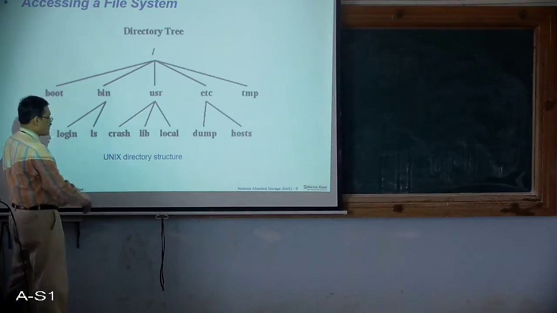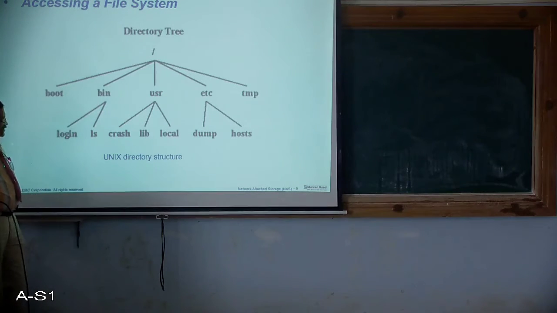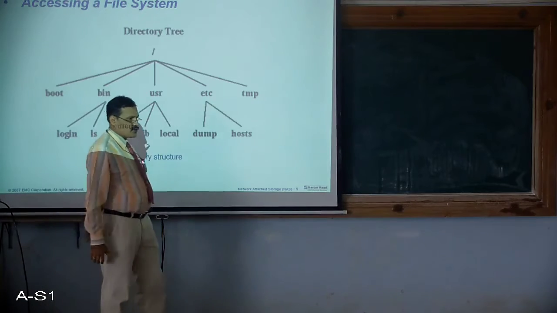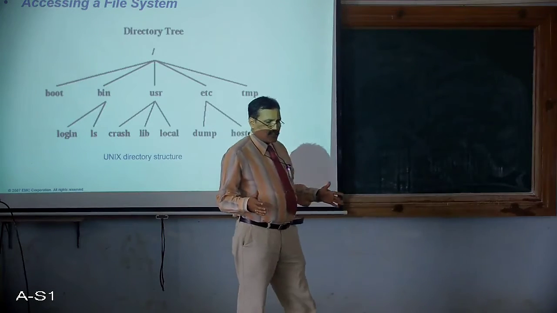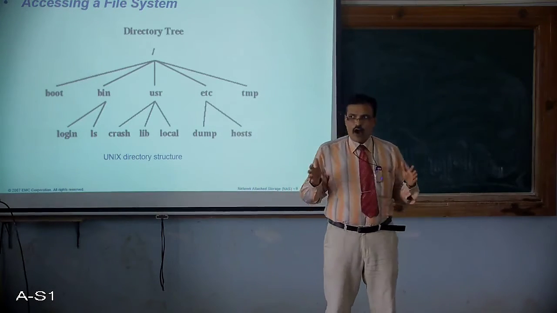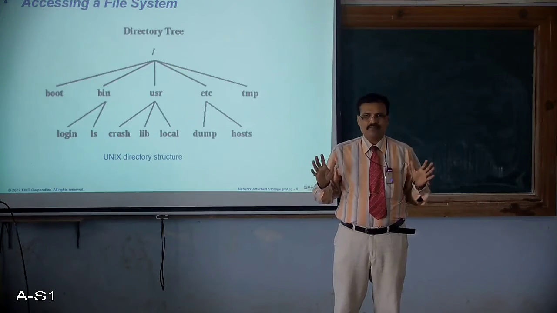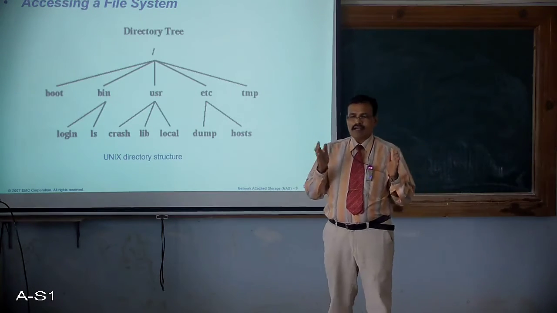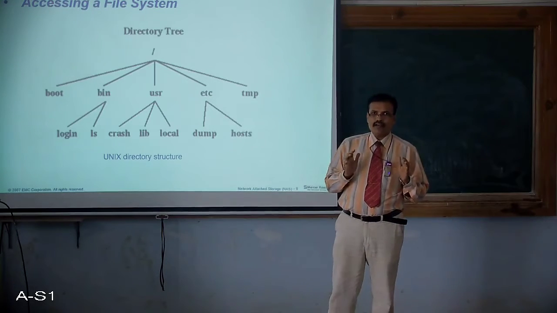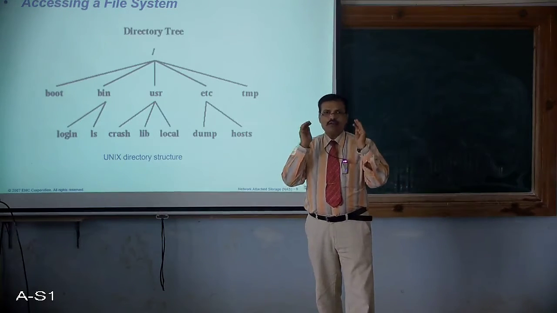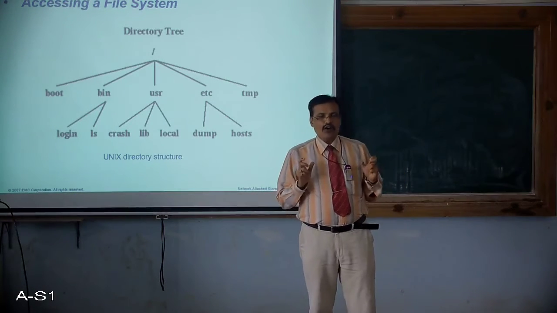A tree-like structure can be built for a file system, which clearly shows how systematically the operating system organizes its data and files. For systematic organization of data files, we make use of a file structure in the operating system.